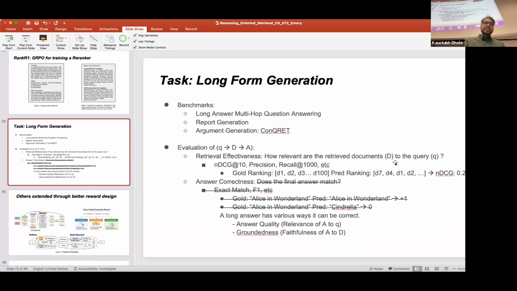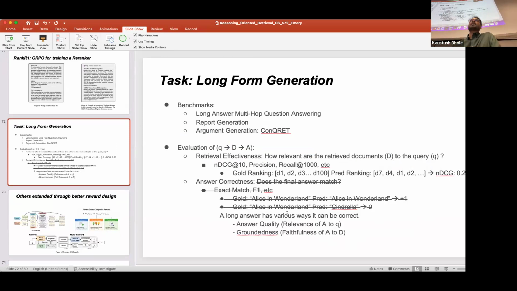The other task: till now we saw most of these tasks were short answer QA tasks, wherein the final answer was verifiable. Here we look at long-form generation tasks where the final answer is generally long and not verifiable. So here we are not just interested in whether the final answer matches or not, which is an exact match, but we have a long answer which can be correct in various ways.